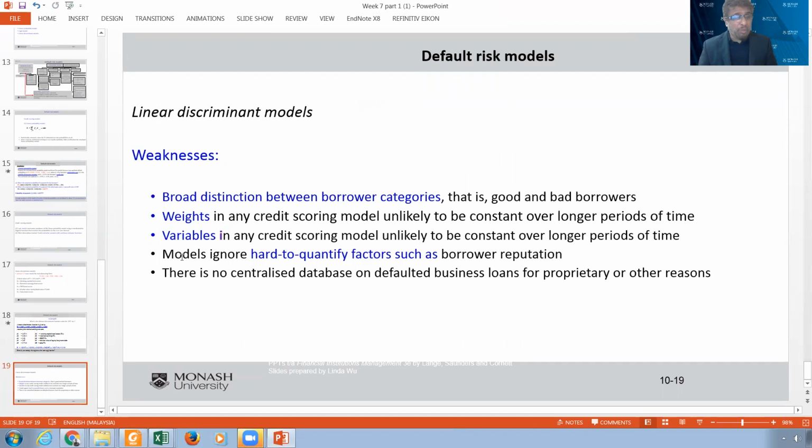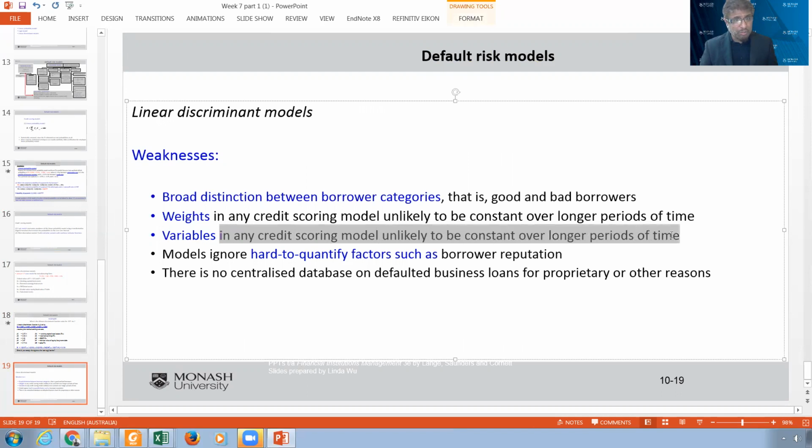The third is the variables. We are limited to 5 variables, and we think this is what makes the customer actually default. Sometimes there is more than that, and these are not constant over time. In any credit scoring model, it's not likely to be constant over long periods of time.